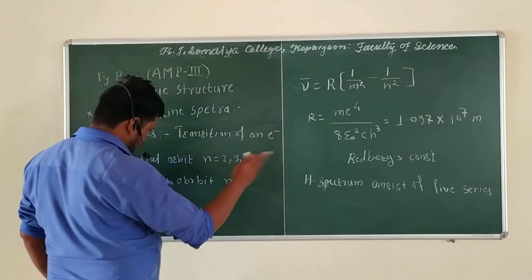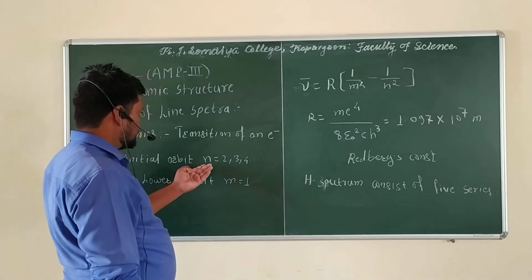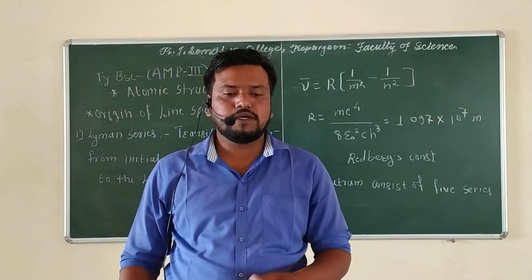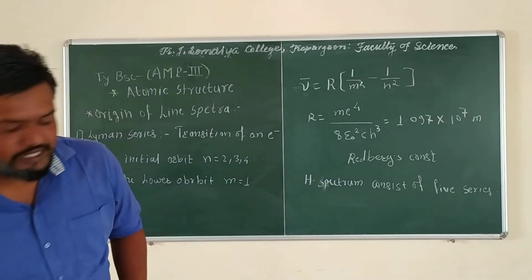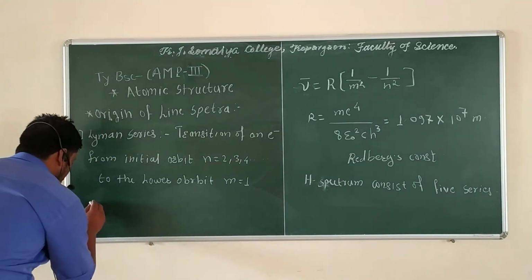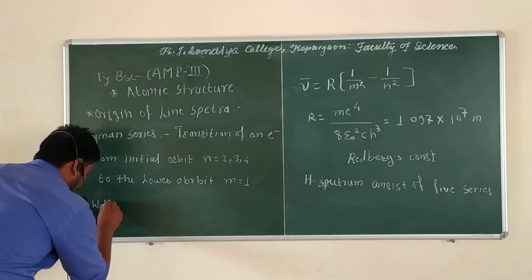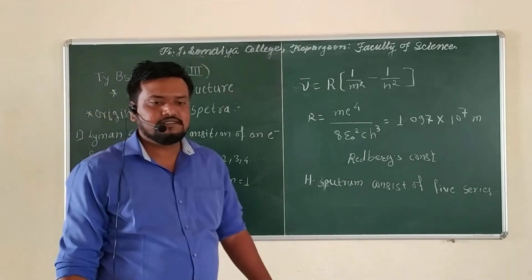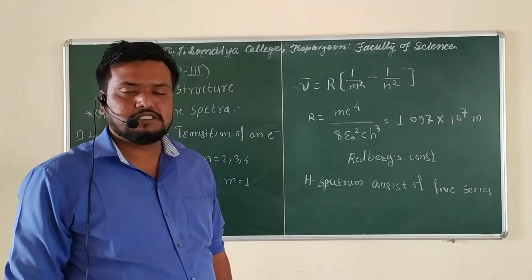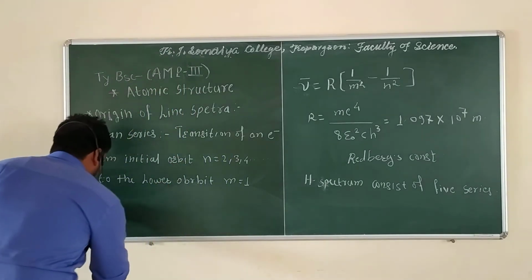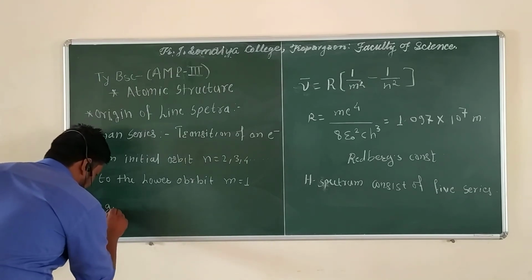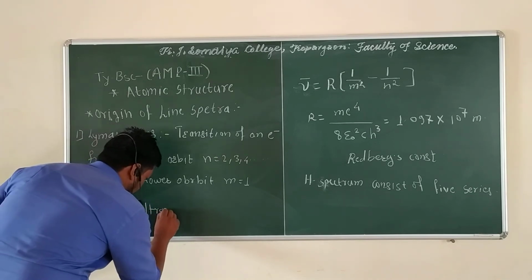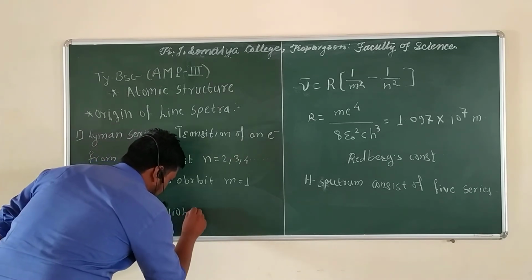This m value is fixed, the n value will vary, 2, 3, 4 and so on, and the wavelength of the spectral line in the Lyman series is in the ultraviolet region.